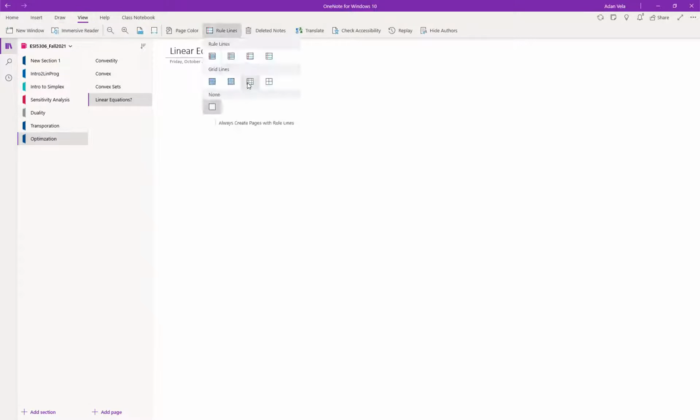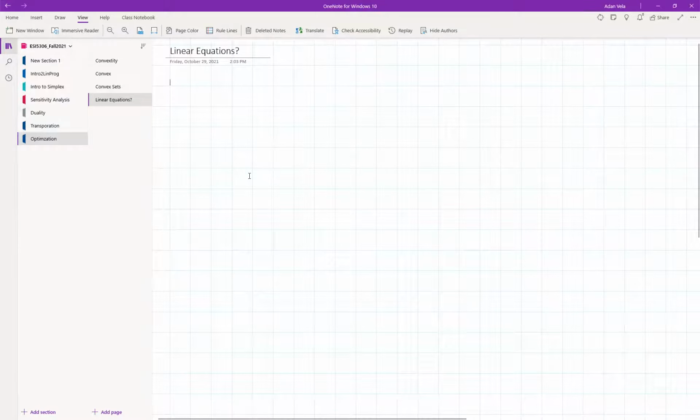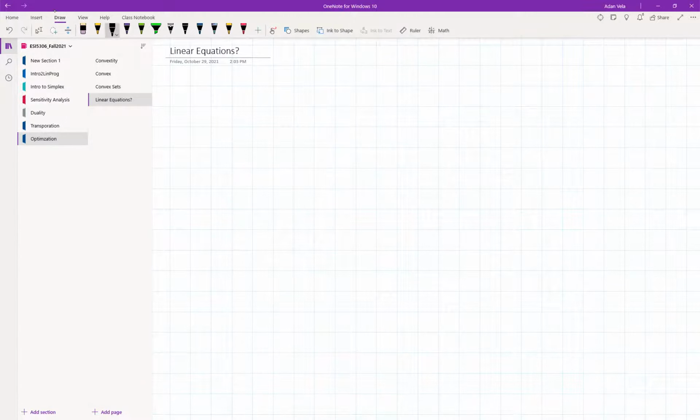So let's say we can have our standard minimization problem. It's going to be subject to the following constraints.